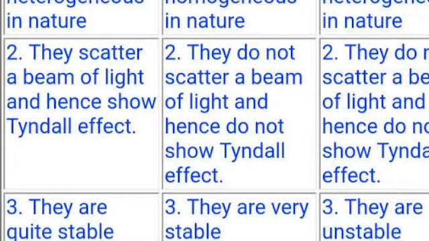They are not as small as solution particles. So colloidal particles are big enough to scatter the beam of light. So that's the third point: solution particles do not scatter the beam of light, and suspension and colloidal particles scatter the beam of light.